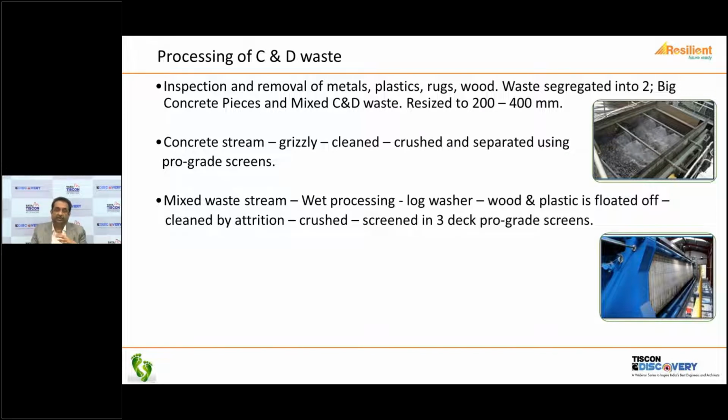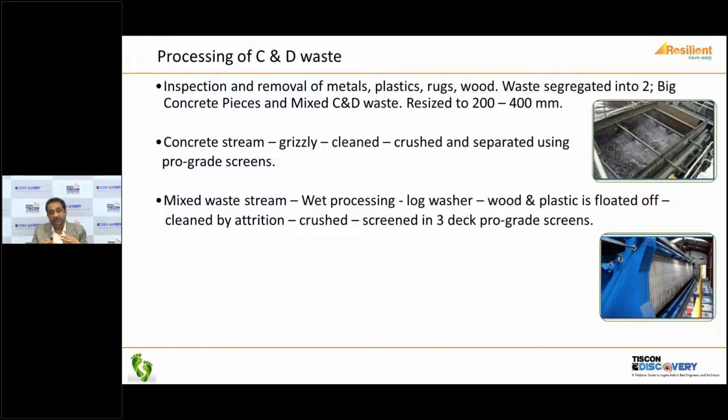The mixed stream normally goes through a wet processing cycle. So it goes into the log washer. In the log washer, the lighter material like wood and plastic is floated off and collected on the rear side of the log washer. So you get the cleaning.